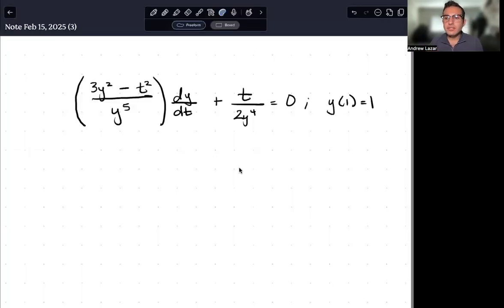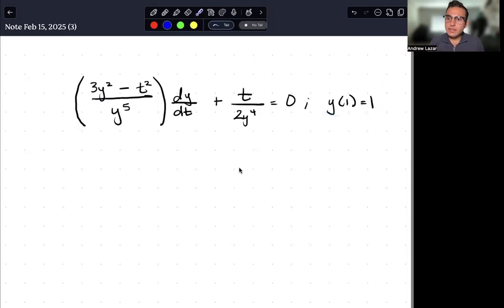So we have our differential equation here, the quantity 3y squared minus t squared divided by y to the fifth power, multiplied by dy over dt, plus t divided by 2y to the fourth power equal to 0. And we have the initial condition that y of 1 equals 1.